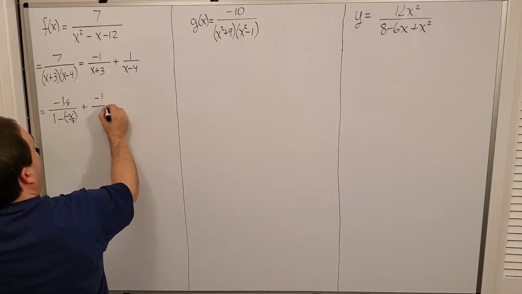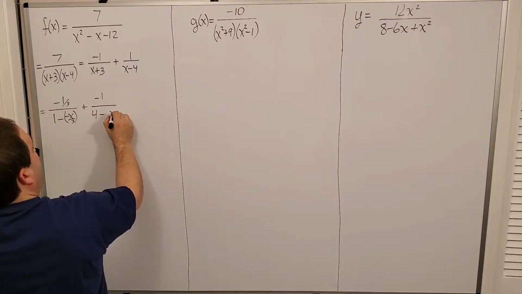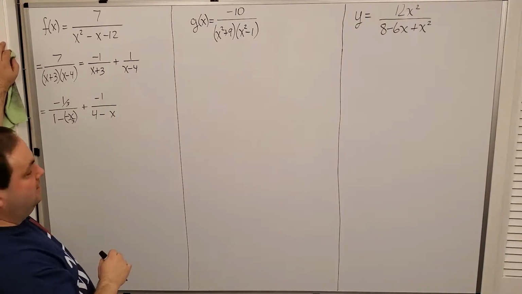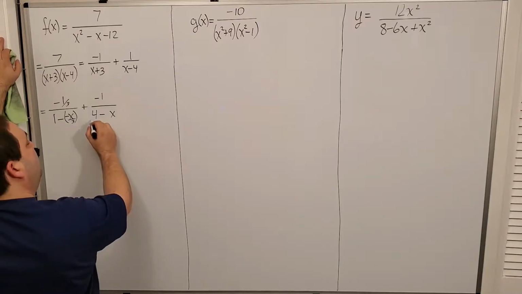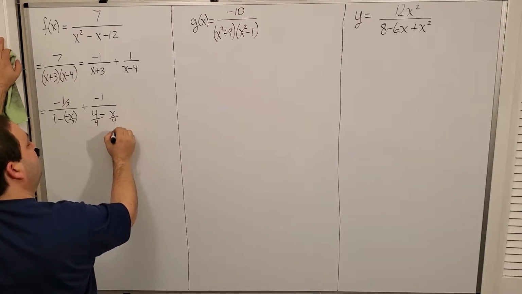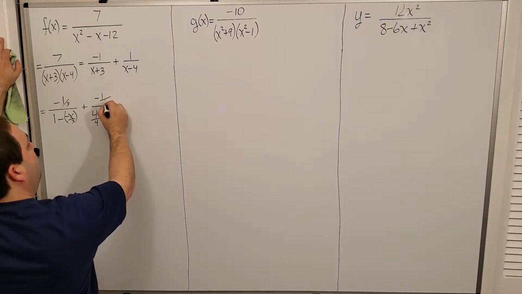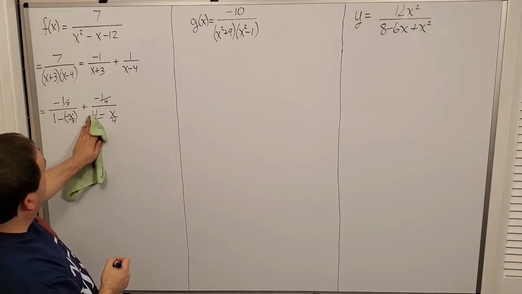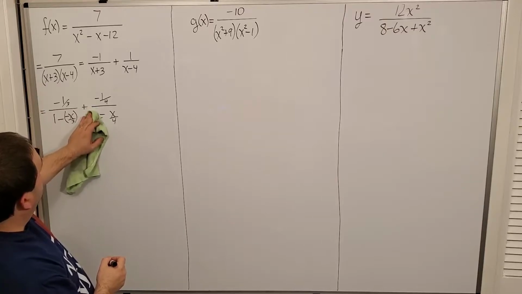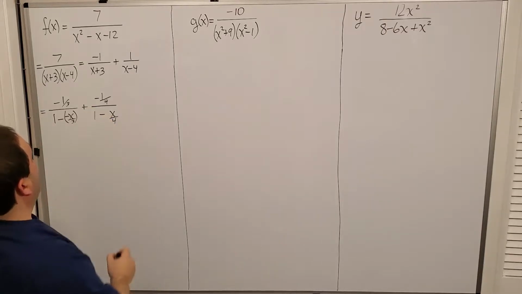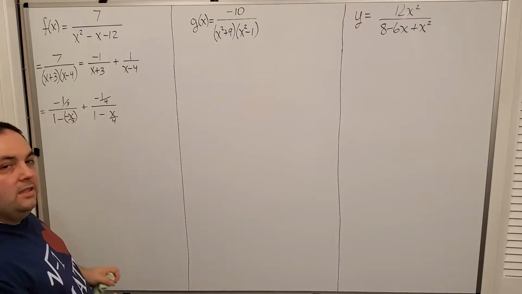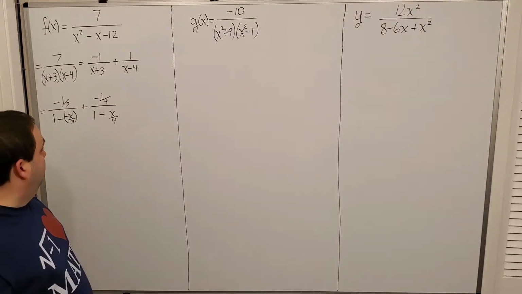Negative 1 over 4 minus x. Because I really wanted to have the subtraction on my x. And then again, I'm going to divide by the number it takes to give me a 1 here. So I'm dividing by 4. And then 4 over 4 is, of course, the 1 that I needed. So now I have two things ready in the geometric format there.